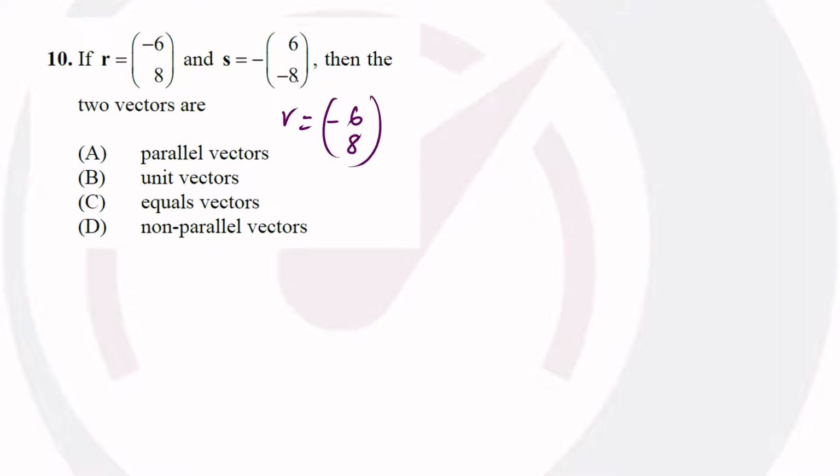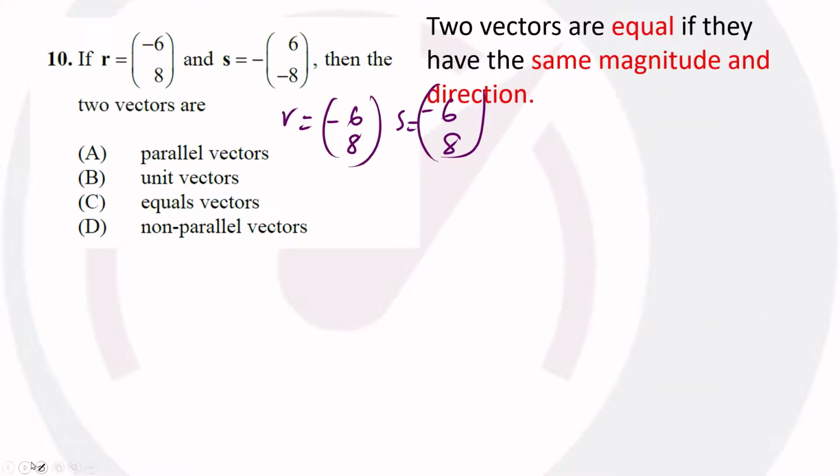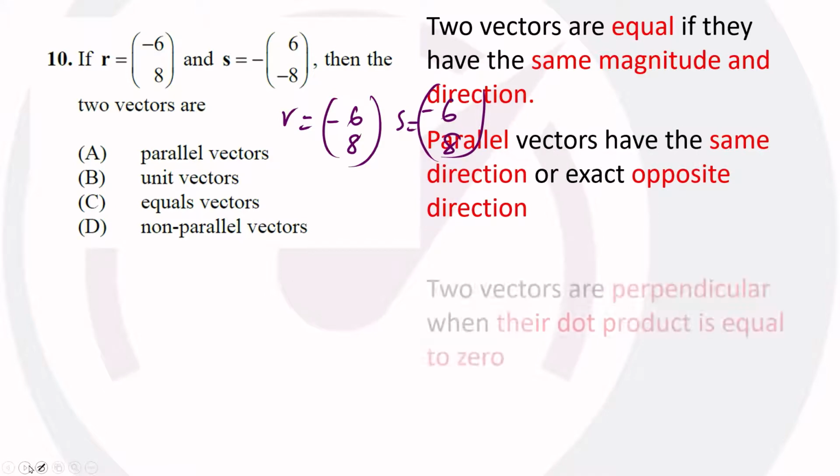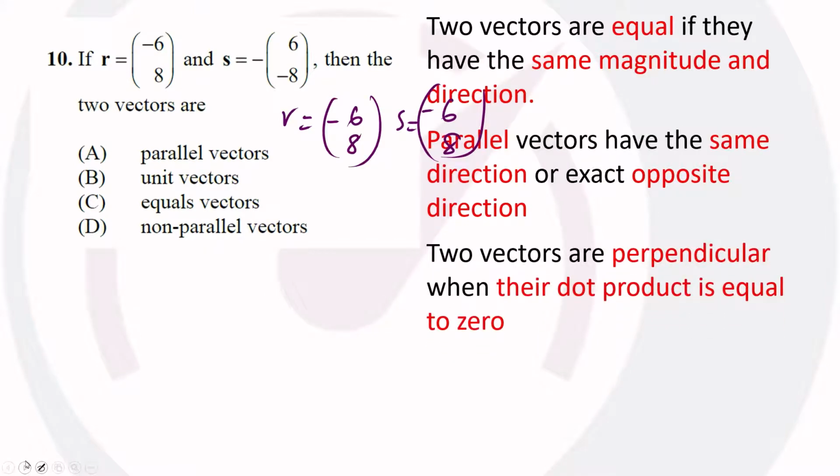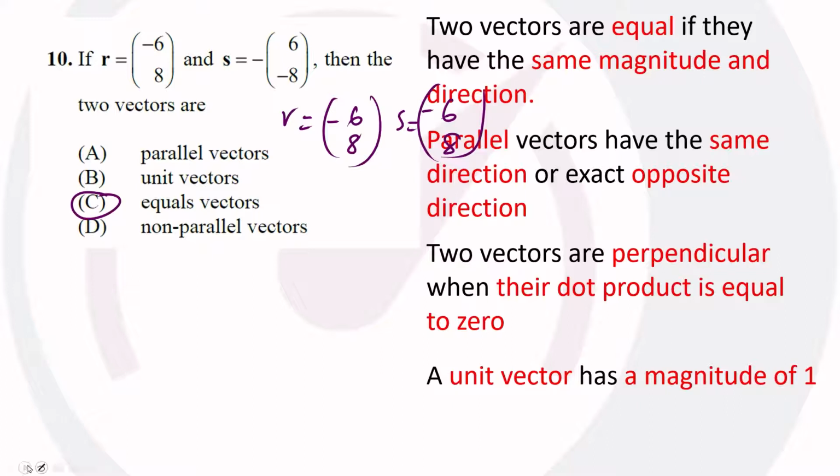If I distribute this negative sign, I'm going to get negative 6, and negative times negative gives us positive, so we get positive 8. So S is equal to negative 6, 8. So hence, the two vectors are equal, because if we were to calculate the magnitude and the direction, they will have the same thing. So our answer is going to be C, because they are equal vectors.